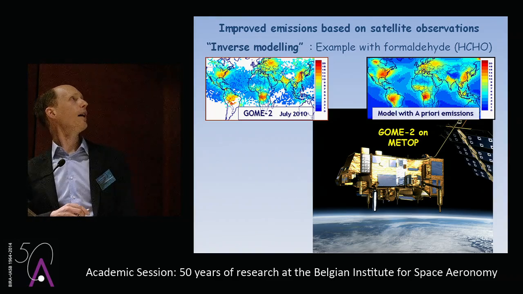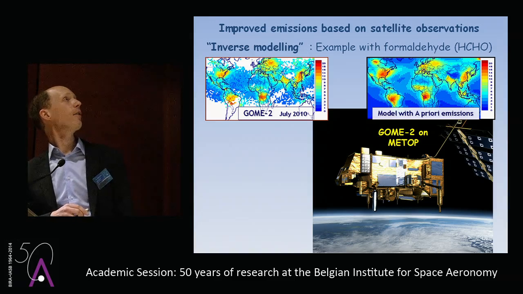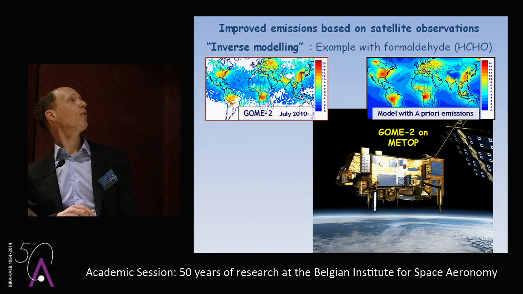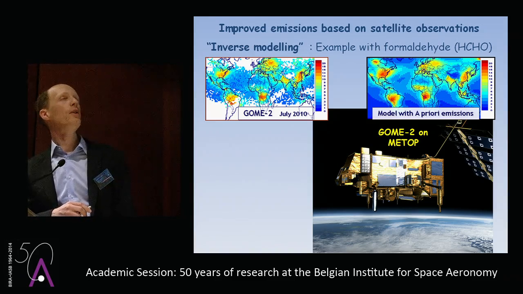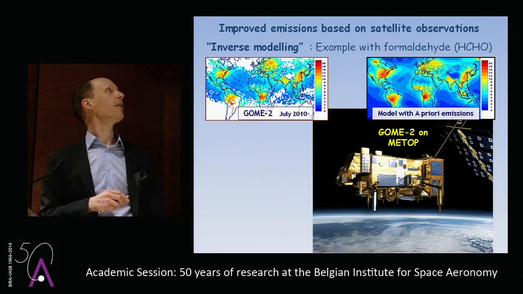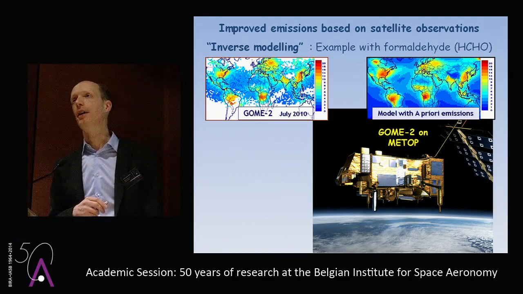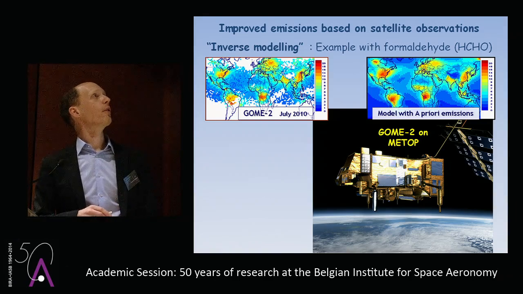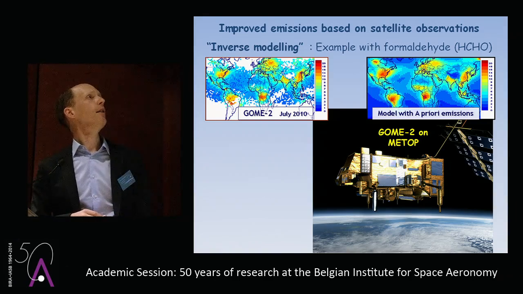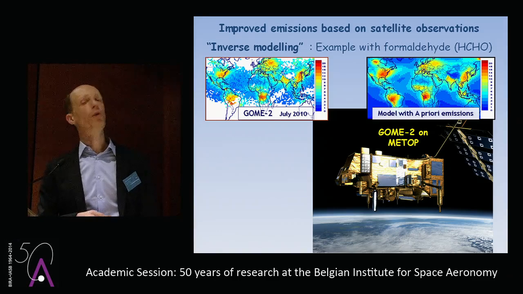This is in July of 2010, and you can see the high emissions in Russia, which were due to fires, and that was the year with the huge fire of peatlands and of vegetation in Russia. And this is the model, which is quite okay, but you see, for example, an overestimation here and underestimation here, and maybe too high here.